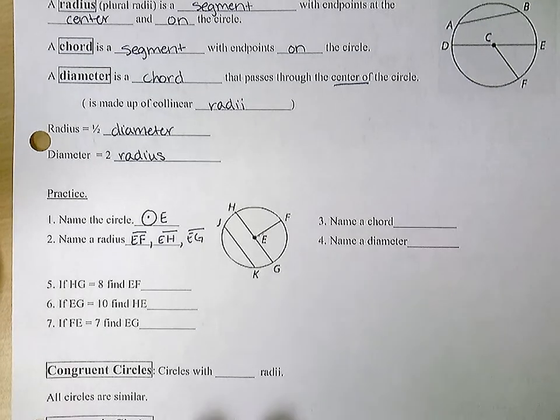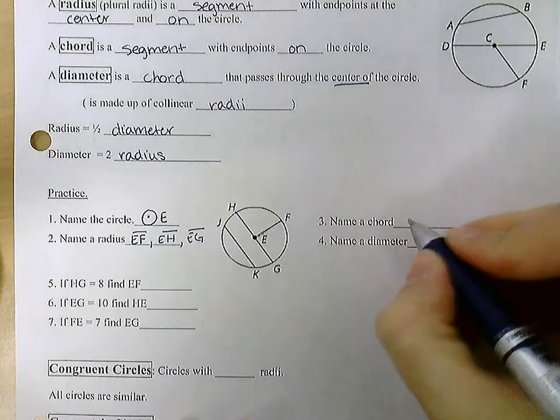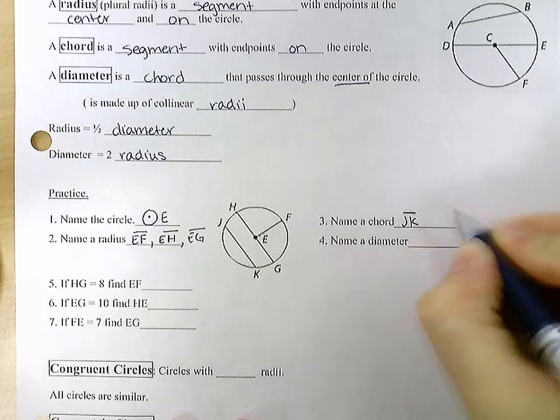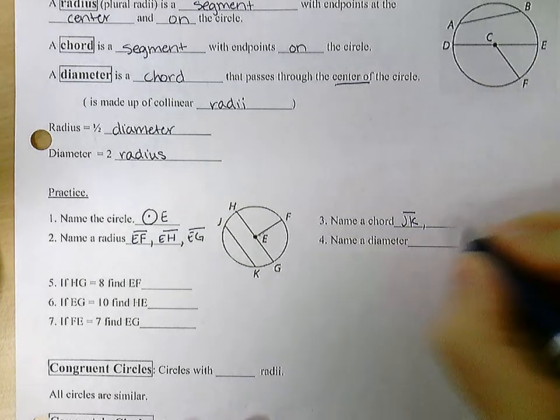Number 3, we want to name a chord. A chord has endpoints that are on the circle. So what's a name for one of the chords in this circle? JK. What's the other one? HG.